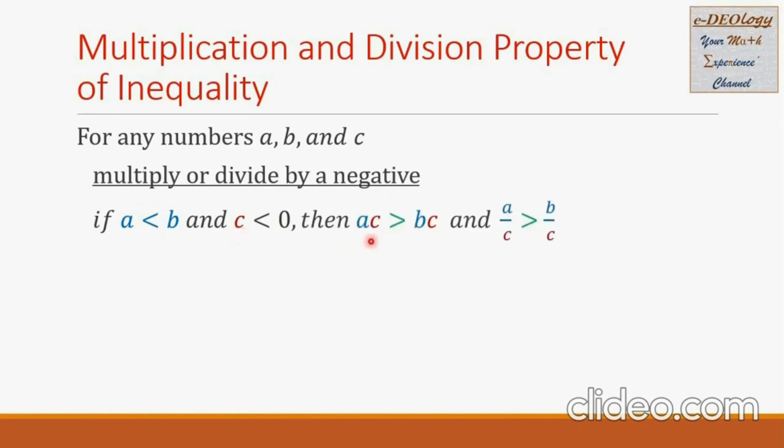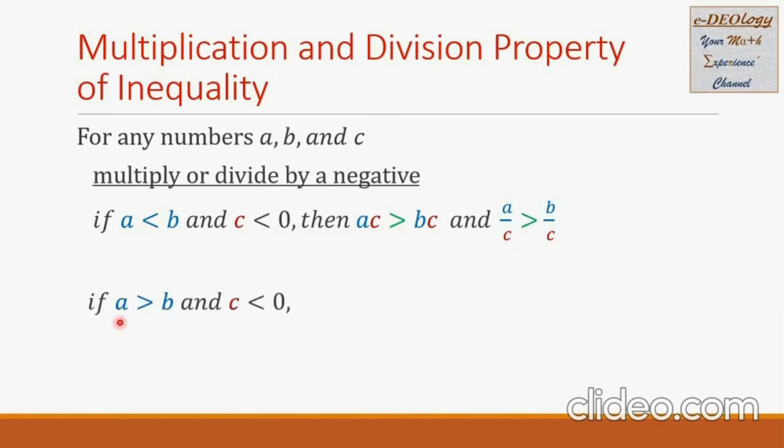Then ac is greater than bc, and a over c is greater than b over c. Take note of the inequality sign. From less than, it becomes greater than. This will always happen when we multiply or divide the inequality by a negative number.